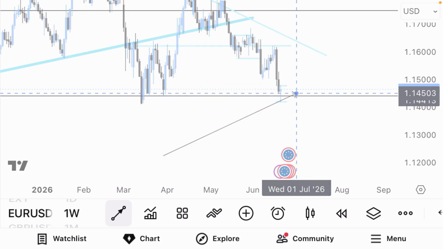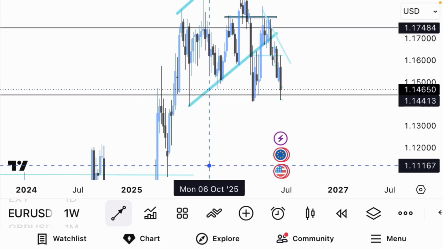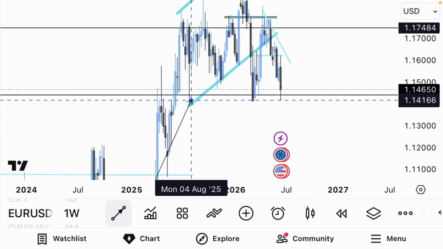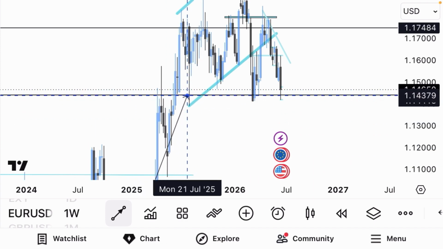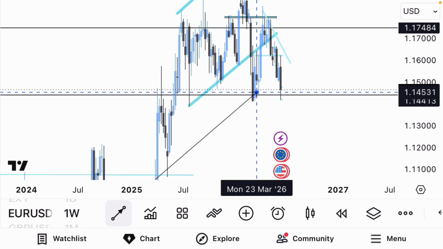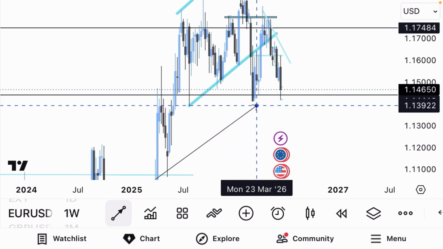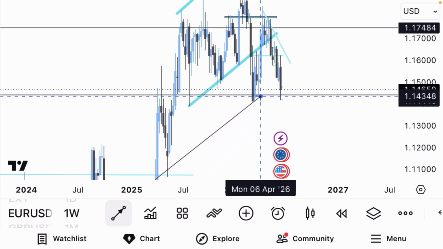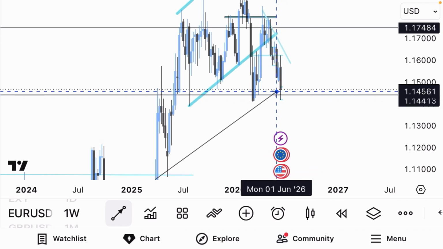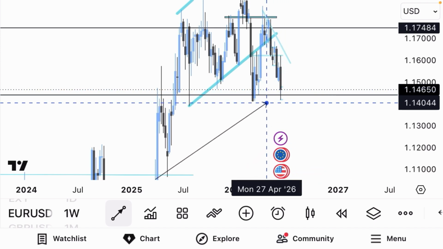Because when you look at the 1 week time frame and you look left, you will see that this level has constantly, in the past, been rejecting any break below. You can see the first rejection here, the second rejection here, the third rejection here, and this is the fourth attempt that the market is making towards this level.